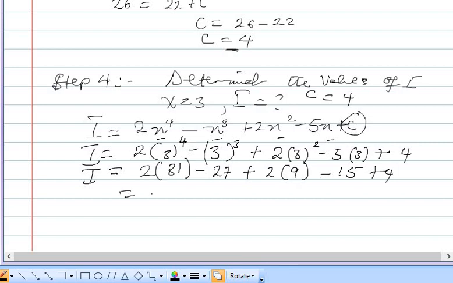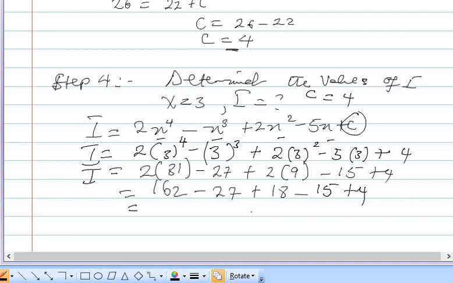So we can also say 81 times 2 is 162, then minus 27, then plus 18, minus 15, then plus 4.